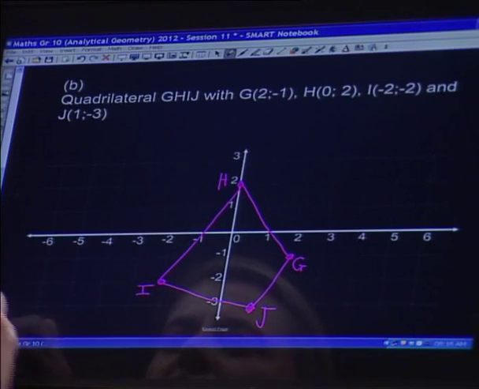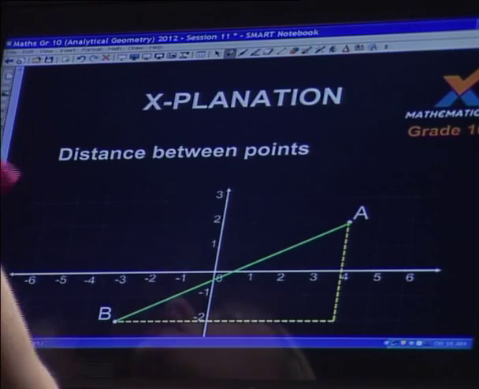Guys, you're probably shouting from the sidelines, move along, because we all know by now how to orientate ourselves in a Cartesian plane. Now, the next thing that we're going to have a look at is how to calculate the shortest distance between 2 points, and that is, of course, the distance formula. Have a look at the diagram that I have on screen over here.